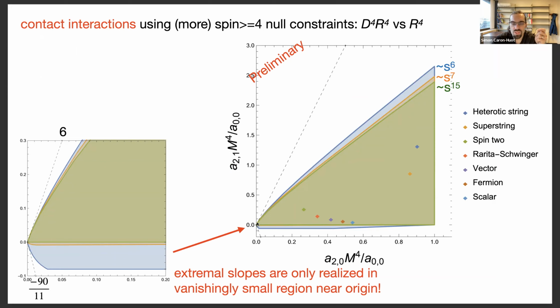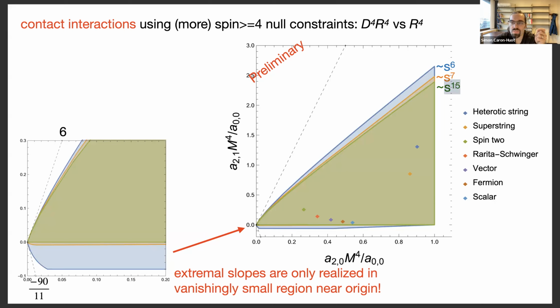The dashed lines here are what was plotted before: the ratio of these two quantities, A21 over A20. And so that's a slope here. You see that at fixed number of orders, the different regions are for different derivative order, basically, the exclusion plot becomes tangent to the slope at the origin.